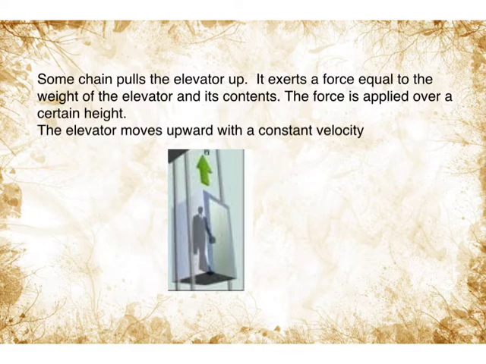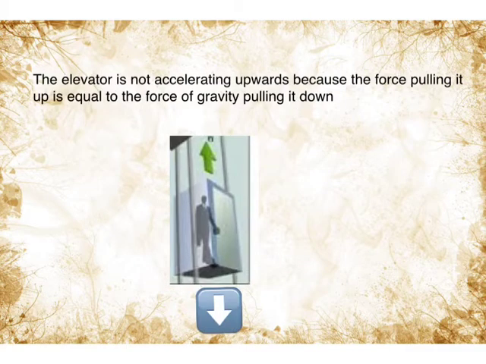And so if we have a force pulling the elevator up and these two forces are equal, then the elevator is going to move up with a constant velocity. The elevator is not accelerating, it's moving upward with a constant velocity, and the force pulling it upward is equal to the force of gravity pulling it downward.